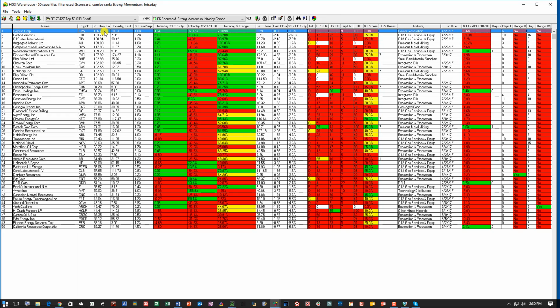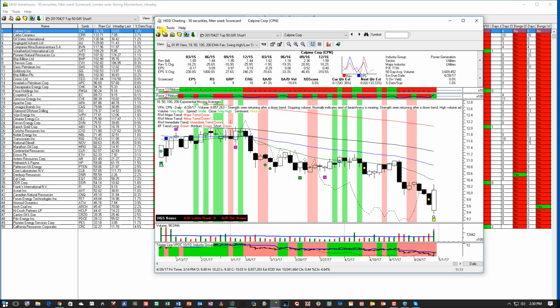Let's just take a look at Calpine up here. It's up 4.64% today. And you can see that it closed down 3 days in a row, and then there is a reversal today. But back here is when the VPOC turned negative.